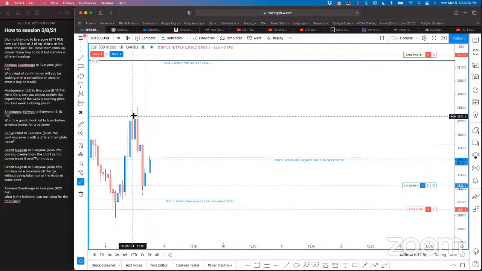It traded above that, pushed back down. Where did it try to reject? This week's opening price, right? It traded through it, right? But where did it turn back around? Last week's opening price, right around there, right?